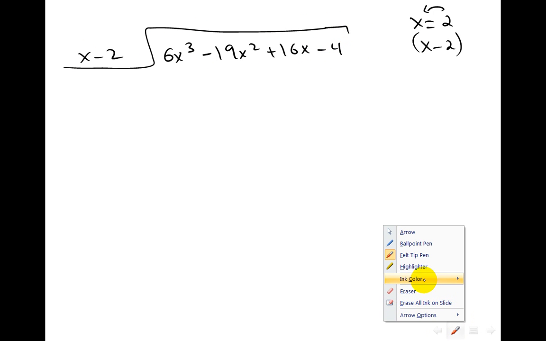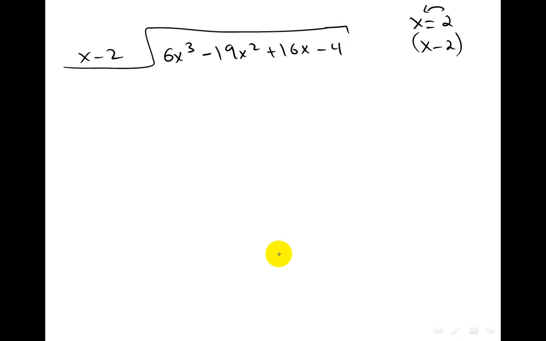Once you start dividing this function by this factor, take the first expression, which is 6x cubed, and divide it by x, like 6x cubed divided by x, only x takes care of it, not x minus 2. So if you divide this, you'll be left with x squared.